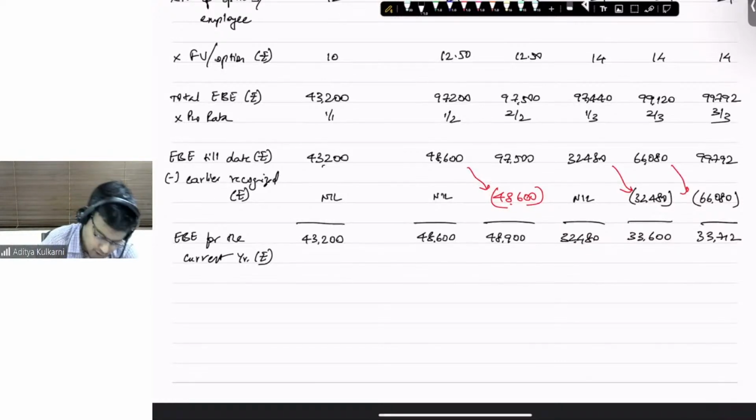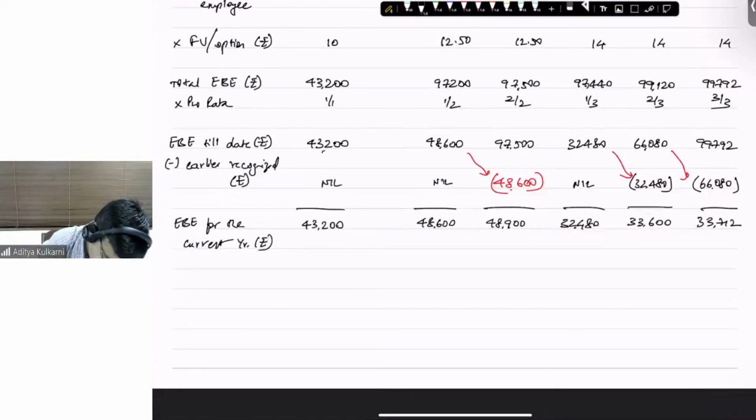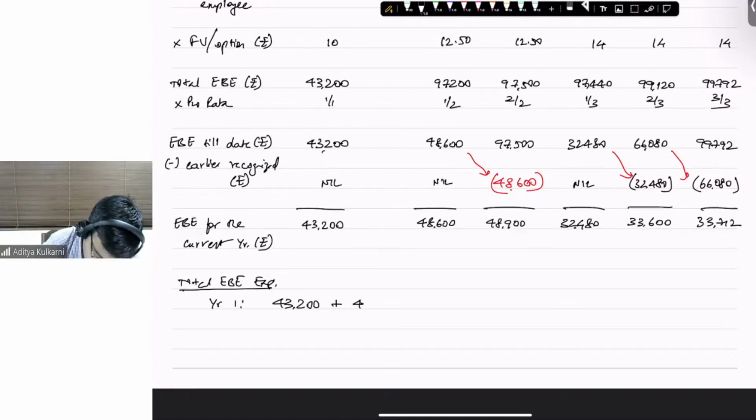Okay. So if I look at total EBE expense, this is going to be year 1: plan 1 43,200, plan 2 48,600, plan 3 32,480.